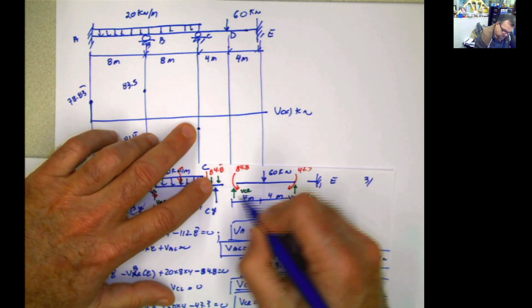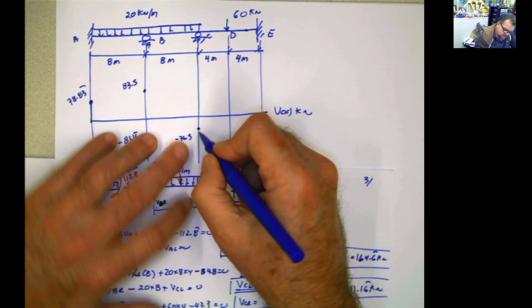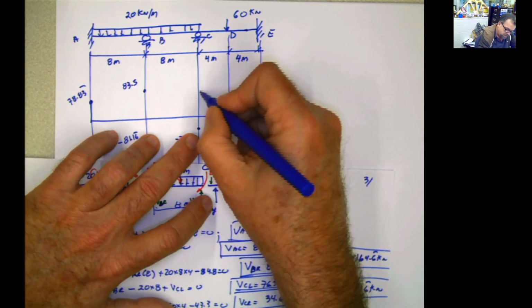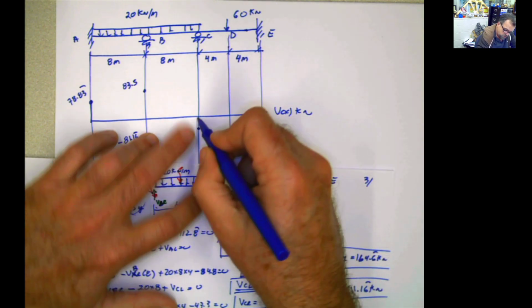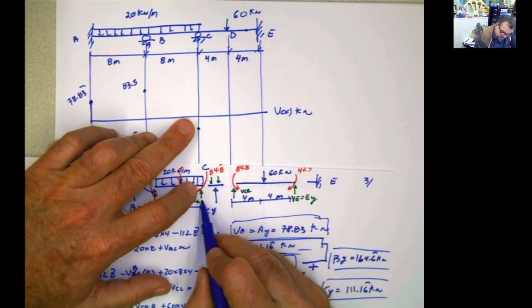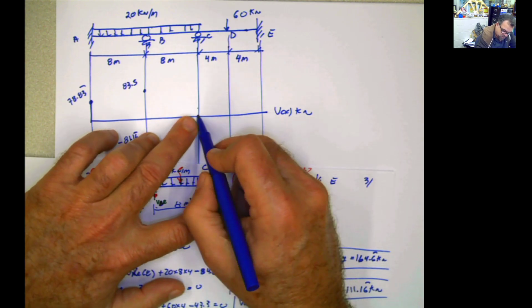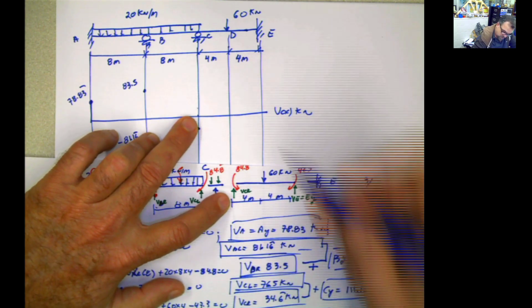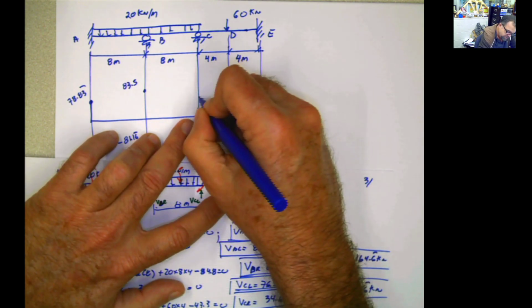You can either say that this value is being pushed up by CY, or you can say that this value is pushed to 0 by this VCL, and now VCR is going to push it from 0 to somewhere higher, which is 34.6 kilonewton.